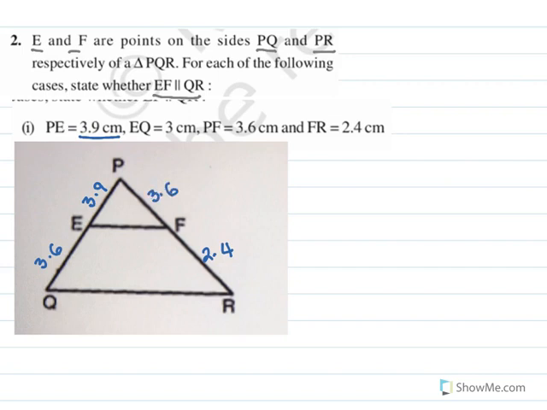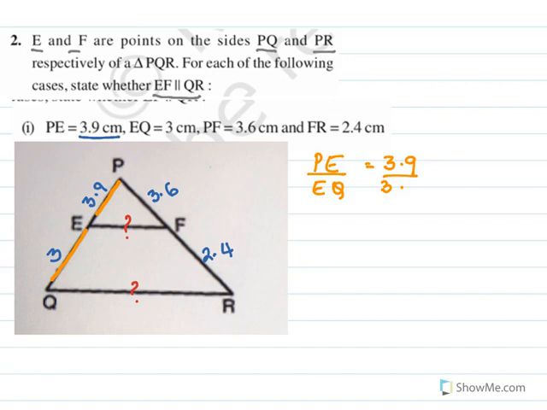We must show is EF parallel to RQ. So for that, first we will find the ratio of PE over EQ. So PE over EQ equal to 3.9 over 3. Here's a little correction, EQ is 3.